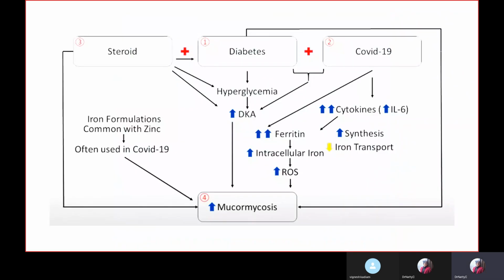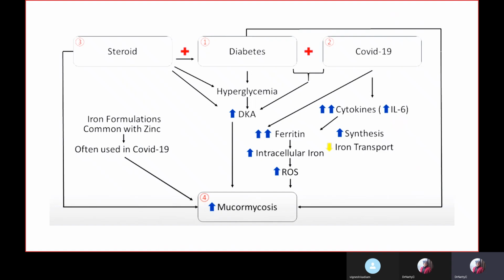Next one is mucormycosis. Mucormycosis is a deep fungal infection. It became quite famous because of COVID-19 infection. The reason is that mucormycosis is a fungal infection which requires more iron. When patients were treated for COVID-19, the prescription often had multivitamin supplements containing zinc.